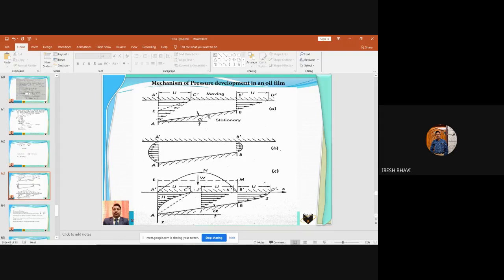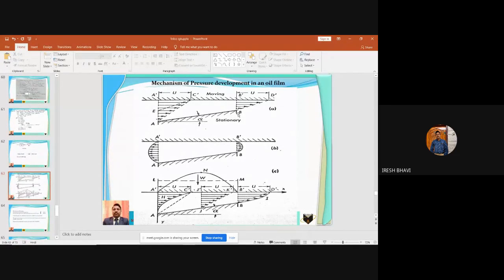They will be inclined to each other by an angle, let us say alpha. Alpha is the angle between the two planes, that is, one moving plane and another stationary plane, that is, between the shaft surface and the bearing surface.